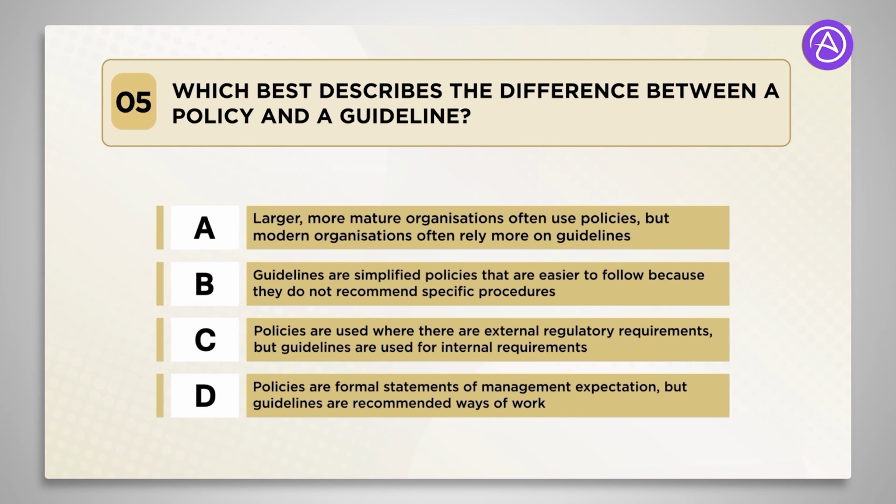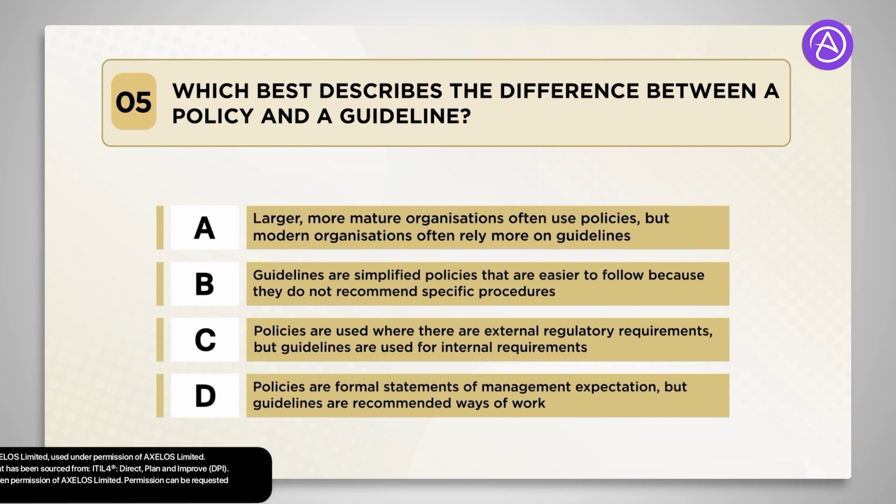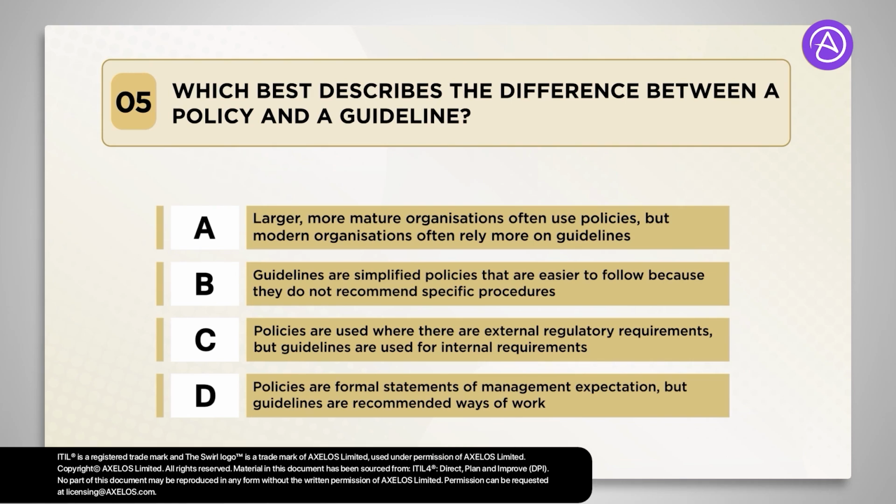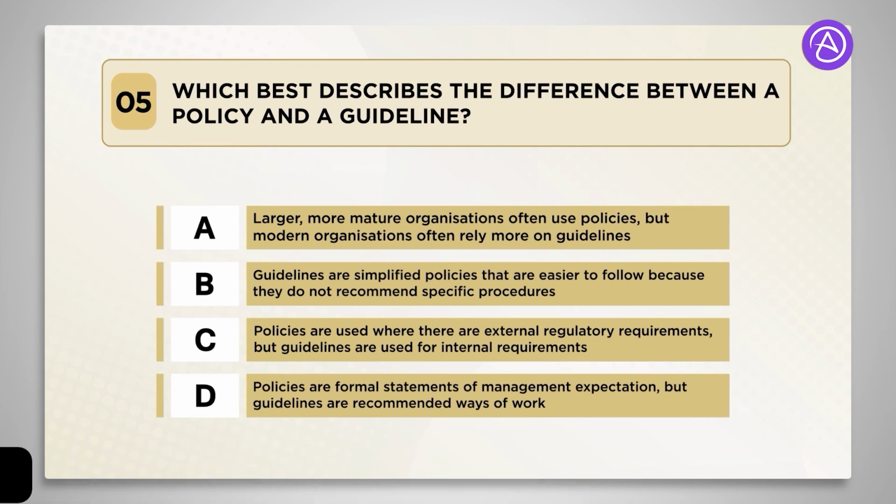Is it B, guidelines are simplified policies that are easier to follow because they do not recommend specific procedures? Is it C, policies are used where there are external regulatory requirements, but guidelines are used for internal requirements? Or is it D, policies are formal statements of management expectations, but guidelines are recommended ways of working?